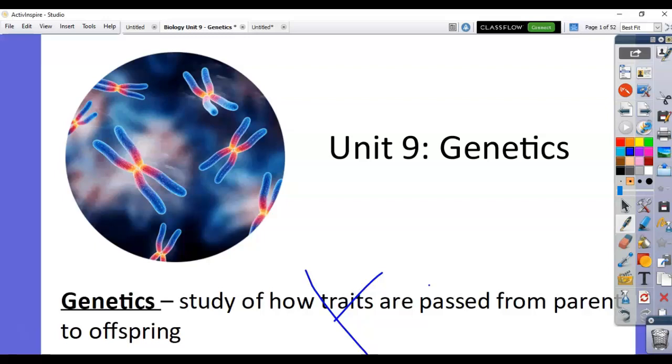And we saw that in meiosis, we go from one cell and we make 4 cells. That's how we make sperm and egg for reproduction. Okay, now we're going to tie in DNA and we're going to look at how this DNA and these genes are passed down from your parents to you. We've already talked a lot about this, but we're going to get into the nitty gritty, like how does all of this work? Okay.